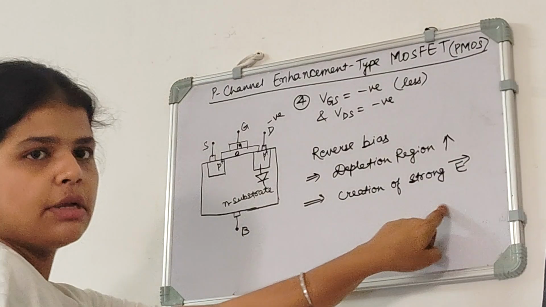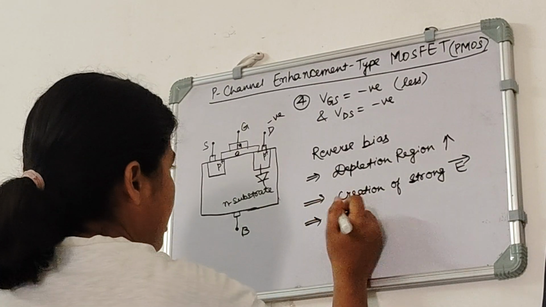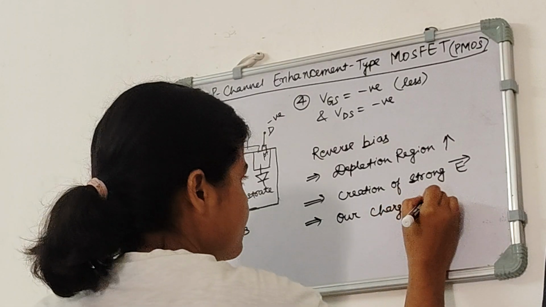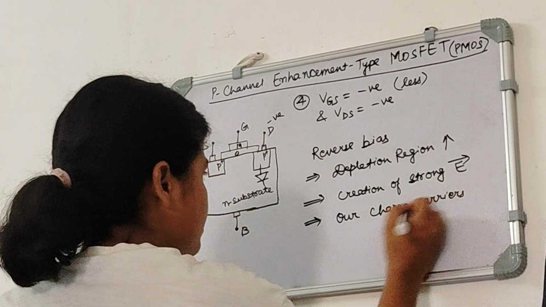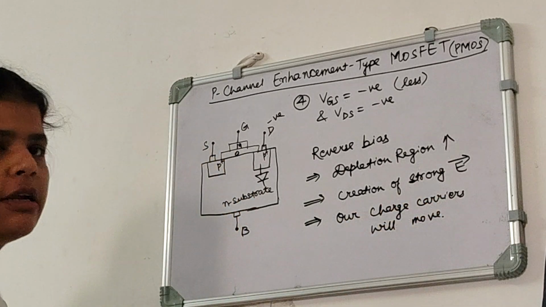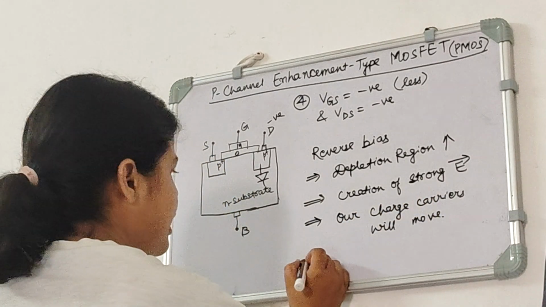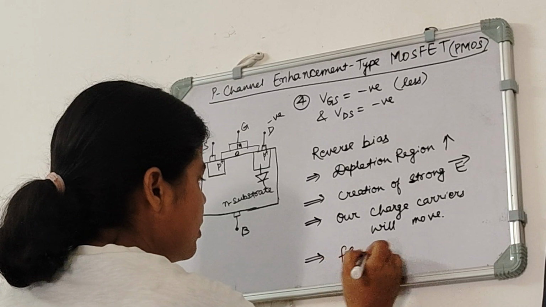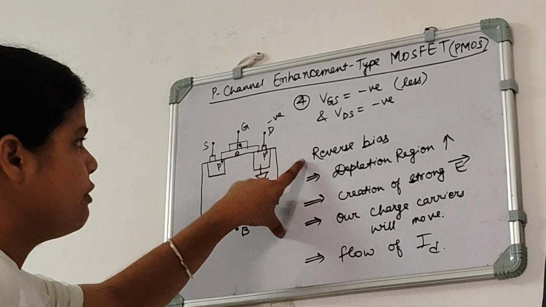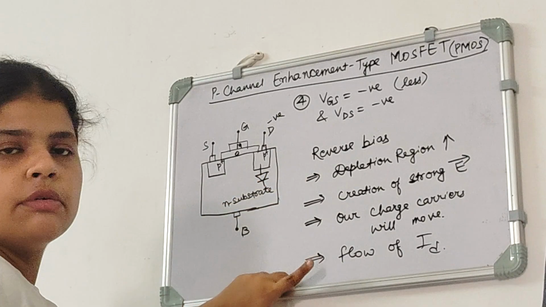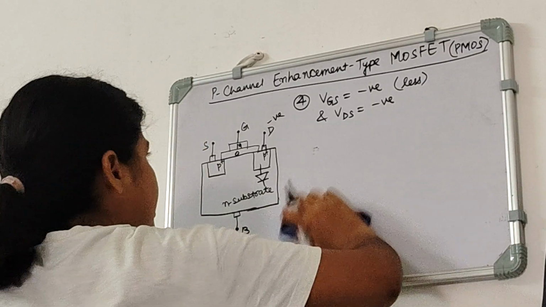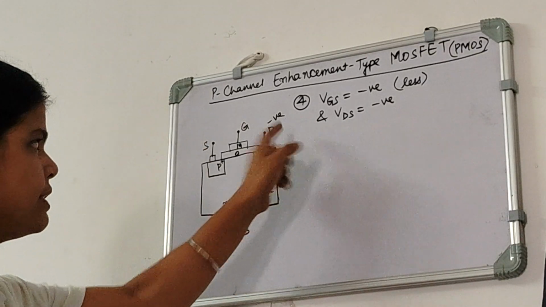Due to this electric field, our charge carriers will flow, that is, our charge carriers will move, and charge carrier movement will lead to the flow of ID. So we need reverse bias for the flow of ID, and for reverse bias we need to apply negative voltage at the drain.